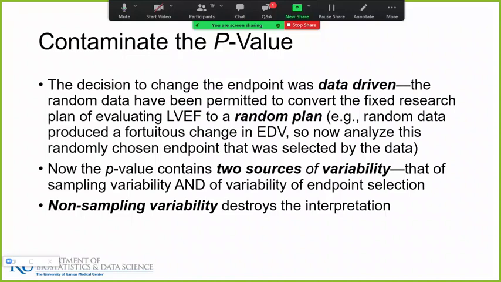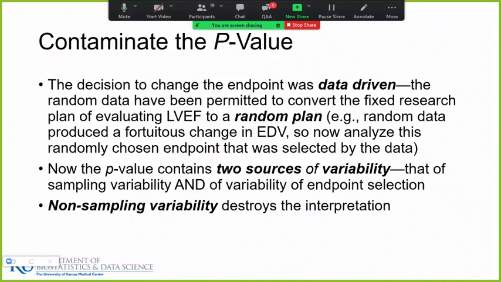Random data produces a fortuitous change in EDV, so now we analyze this randomly chosen endpoint that was selected by the data. So the p-value that's produced by the test contains two sources of variability. It contains the sampling variation, just like we described before, but now it also contains this variability of endpoint selection.